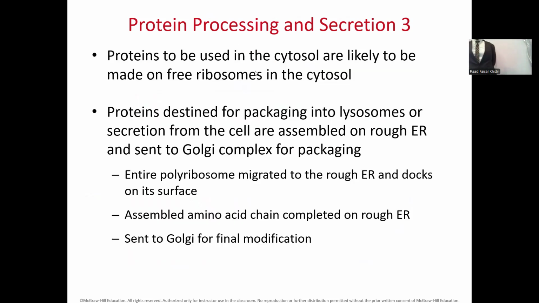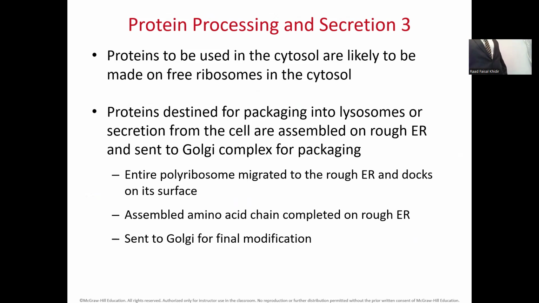Proteins to be used in the cytosol are likely to be made on free ribosomes in the cytosol. Proteins destined for packaging into the lysosomes or secretion from the cell are assembled on the rough endoplasmic reticulum, and they are sent to the Golgi complex for packaging.